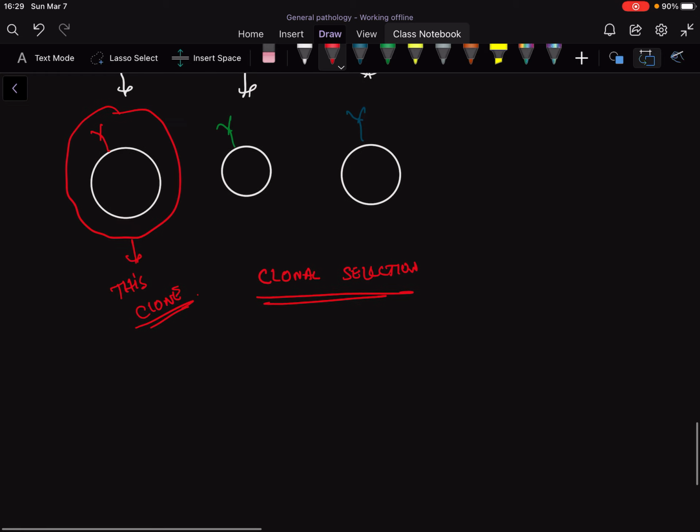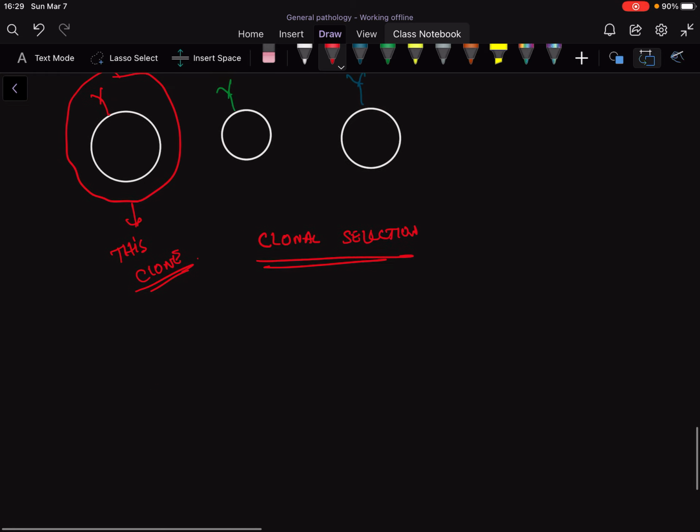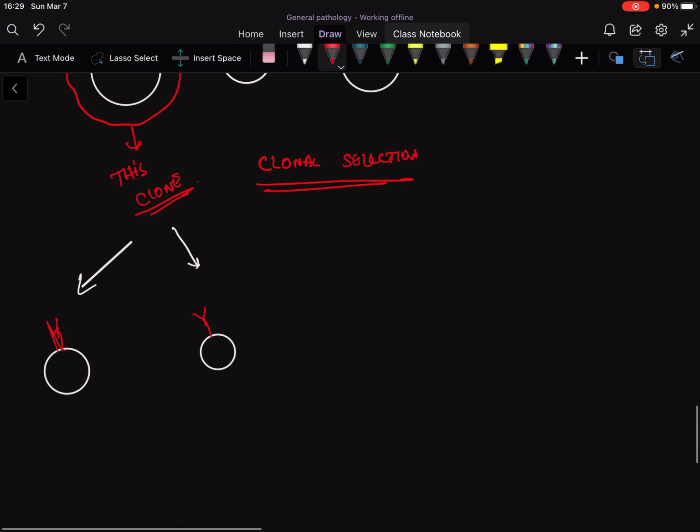So this is called clonal selection, and once this clone is selected, it proliferates. Again they proliferate, and here are the daughter cells which will have more red type of receptors. And these are called clones of each other.